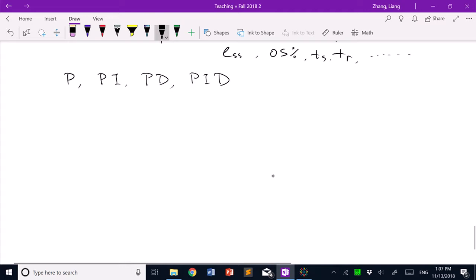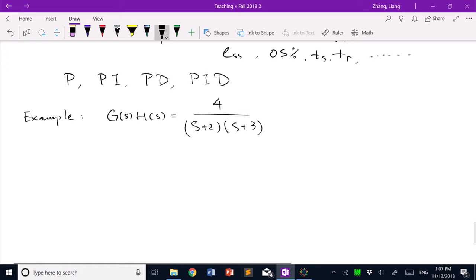Let's look at an example. We're given the open loop transfer function, with no finite zeros and two finite poles.